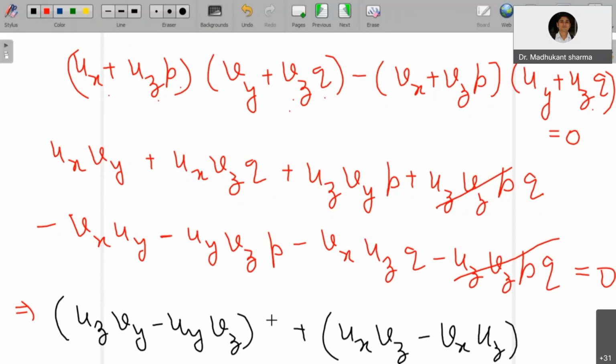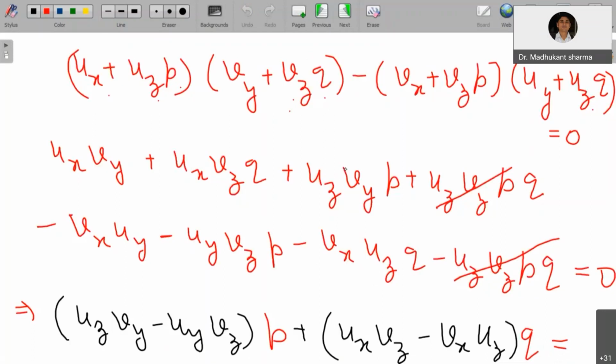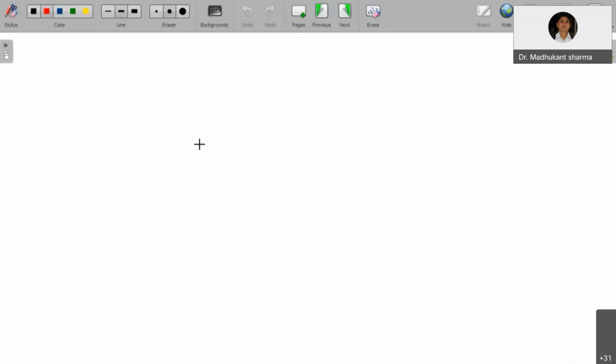So this is the p coefficient and this is the q coefficient, equals, I'm sending everything else to the right hand side, vx uy minus ux vy.